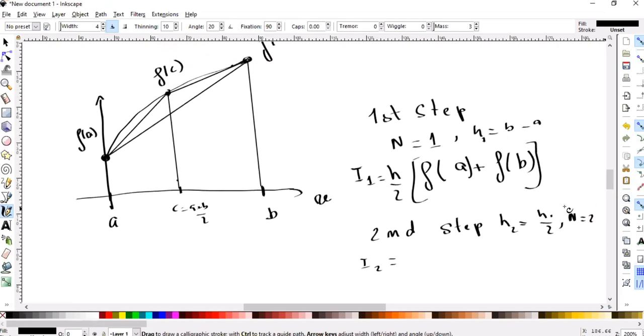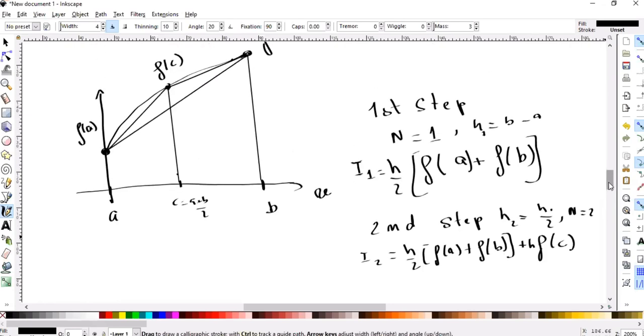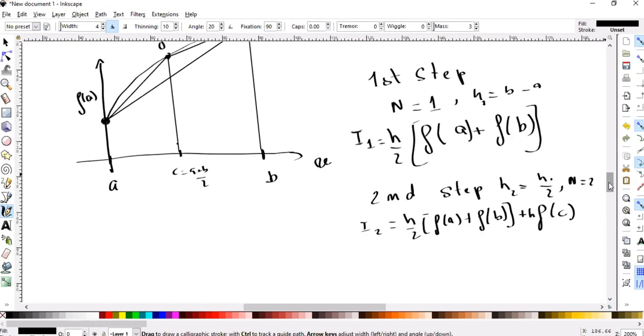Okay, so I2 is H over 2 times the last point plus the first point, plus H times f of C, that is, H times the sum of f of xi, like we said.